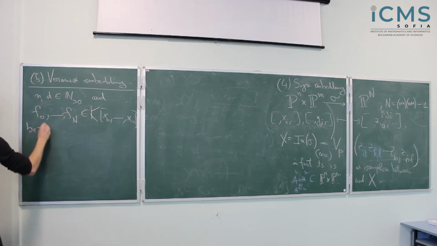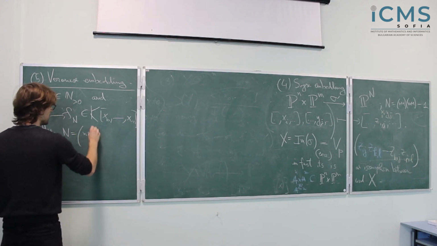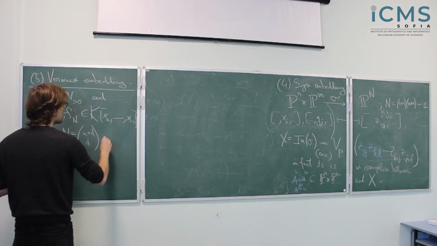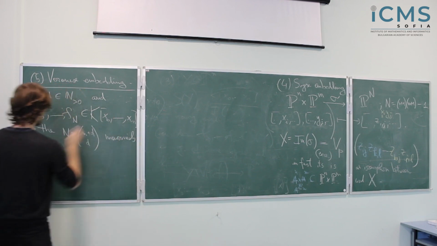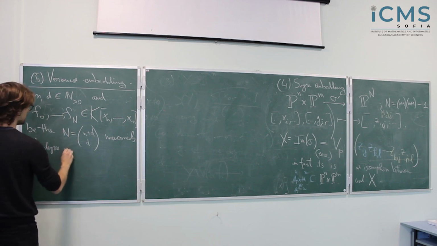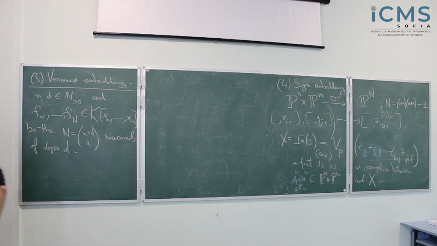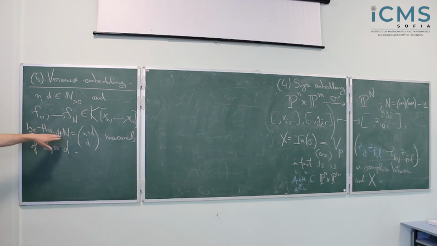They'll be the n plus d choose d monomials of degree d. Let's see, is this correct? Yeah, okay, but I'll need to consider this.